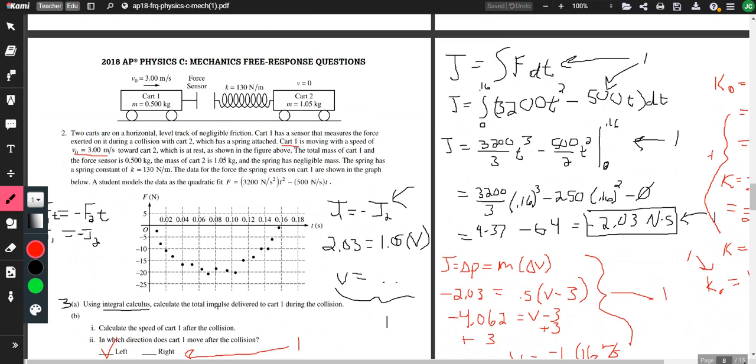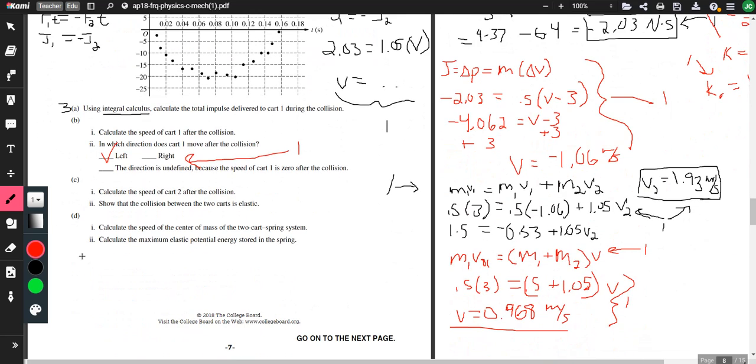One of them is to use energy and basically set the initial kinetic energy of the system equal to, I'll just write it out, the kinetic energy of object one initially equals the kinetic energy of essentially the center of mass plus the spring potential.